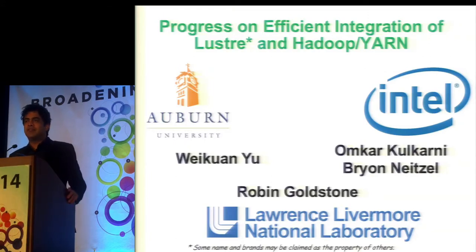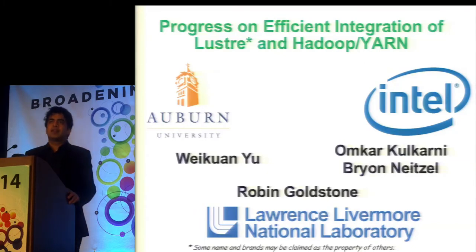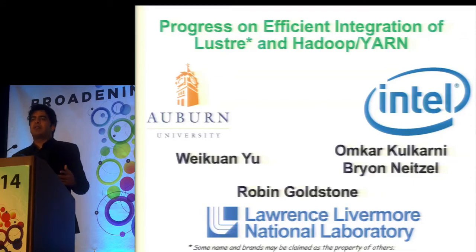So I'm a software engineer with the High Performance Data Division at Intel, which is basically the Lustre org. We saw in the previous talk that one of the problems with running Hadoop on top of Lustre is that Hadoop has a very different model of I/O than Lustre does. It's basically big data analytics, and one of the things about analytics is that you want to minimize the movement of data.